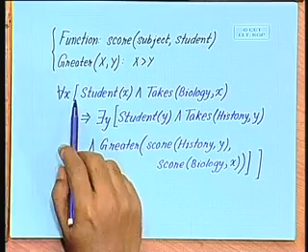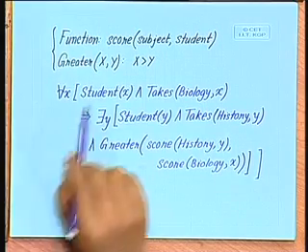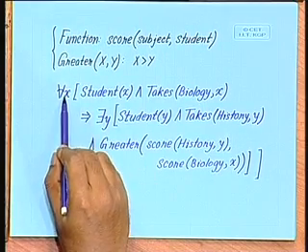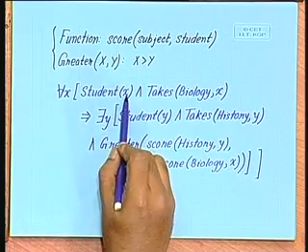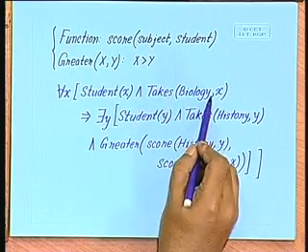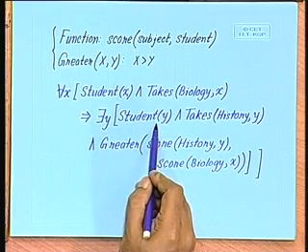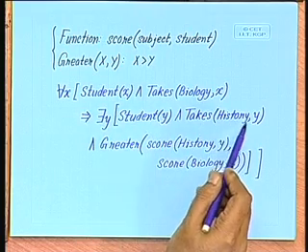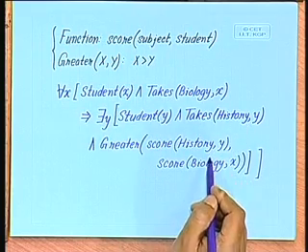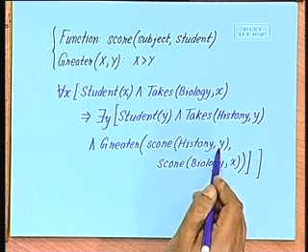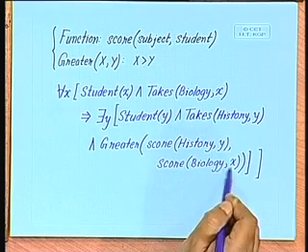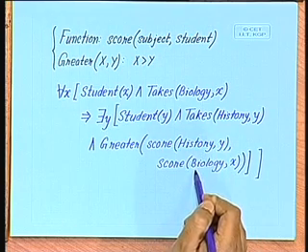Let us study this again. What we have expressed is that for all X who is a student and takes biology, there exists some student Y who is a student of history and has a score in history which is greater than the score of X in biology, right.